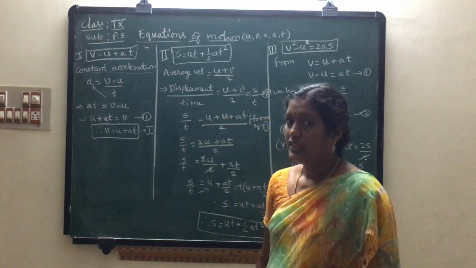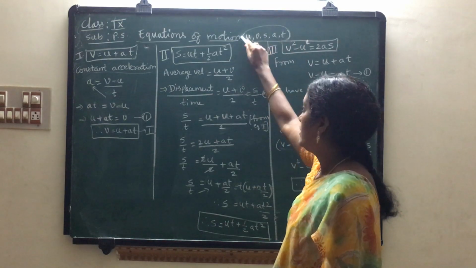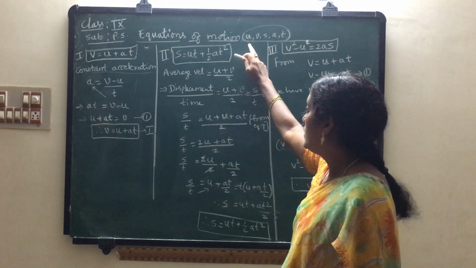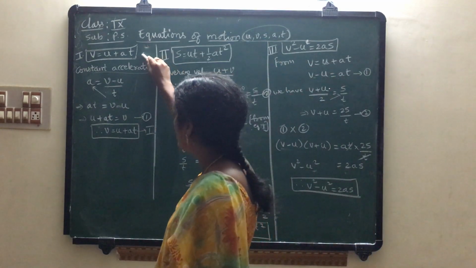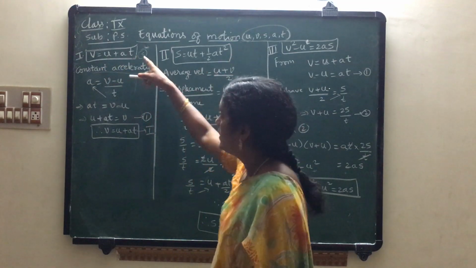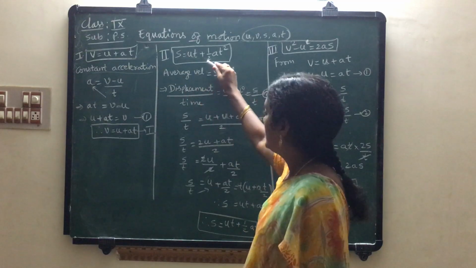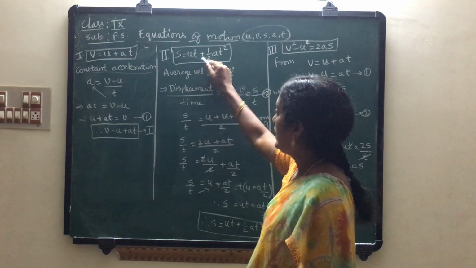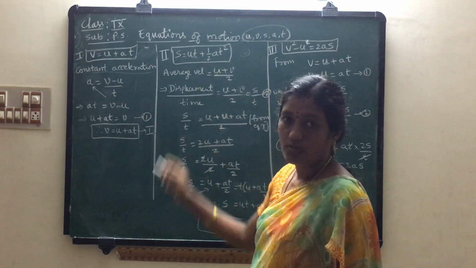Children, in all these three equations, we do not have all the letters. In the first equation, v, u, a, t, s is missing. In the second one, u, t, a, s, the final velocity v term is not there.